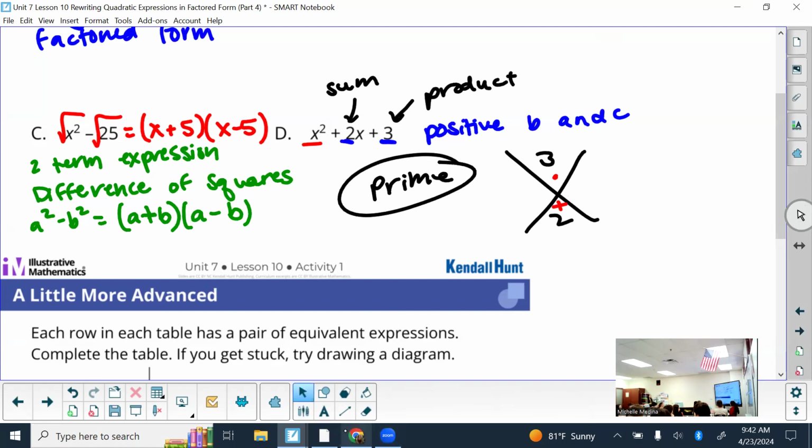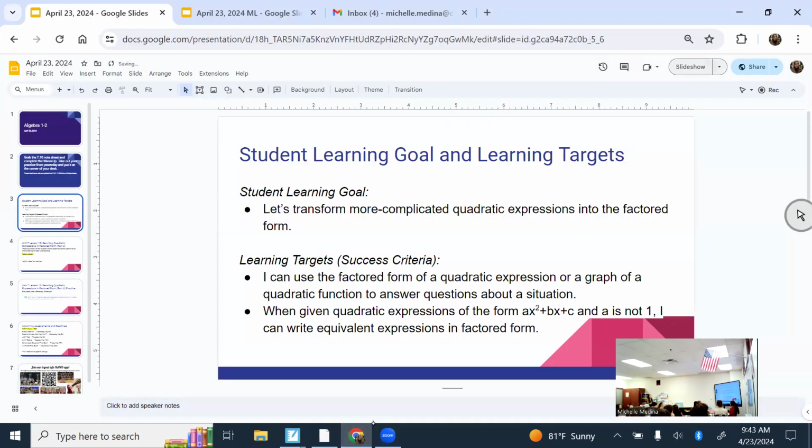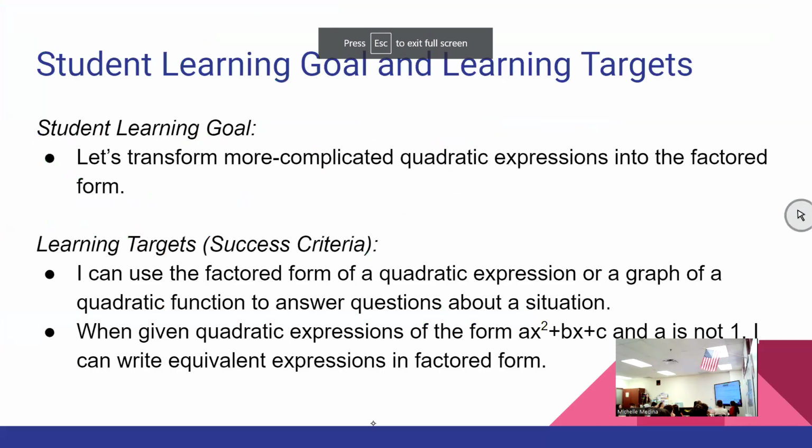Okay, so like I mentioned before, today we are doing lesson 10, and it's the last rewriting quadratics into factored form lesson. There were 4 different parts. Factoring is a really big skill. You'll see it again next year and your junior year. So as much as you might not like it, the faster you buy into it, the easier the rest of your high school math will be.